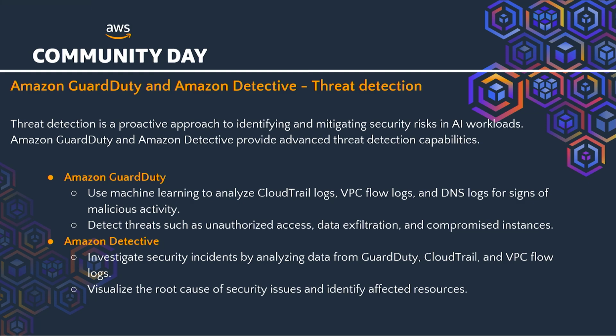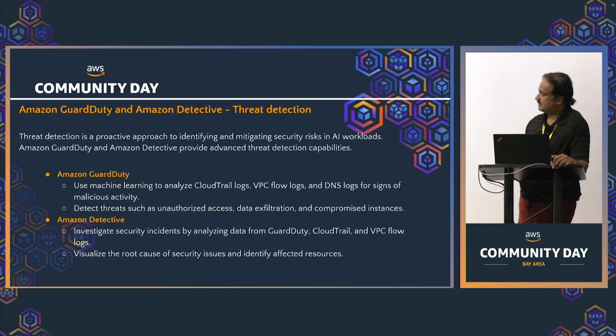Instead of us manually looking at CloudTrail logs, VPC flow logs, and DNS logs, GuardDuty has a trained machine learning algorithm built in to analyze all of this and produce meaningful alerts and events, which can then be fed into Security Hub for centralized visibility. You can also use Amazon Detective to analyze security incidents from GuardDuty, CloudTrail, and VPC flow logs.